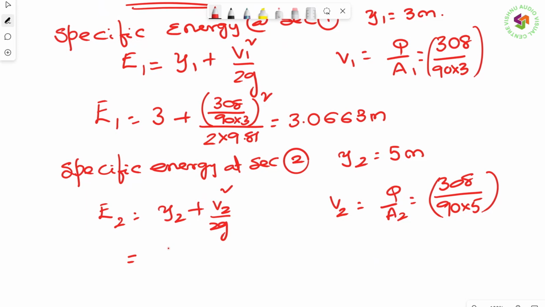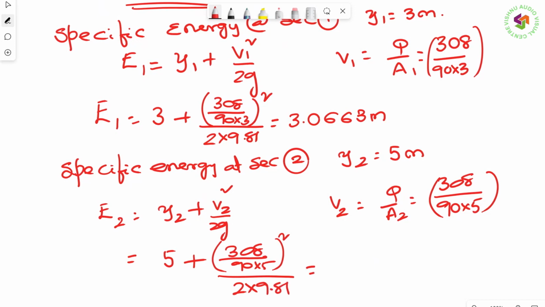So E2 is 5 plus (308 by 90 into 5) whole square divided by 2 into 9.81. So how much is it going to be? 5.0239 meters. So this is 1, this is 2. Over.